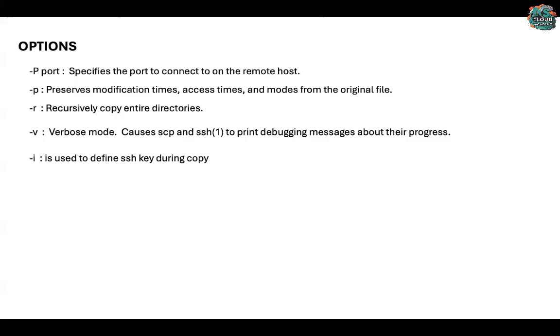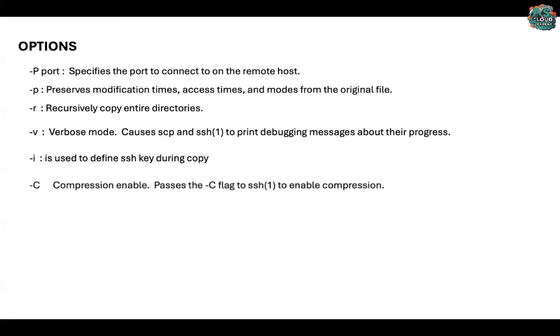If you don't have a password on the server, in that case you have to use a key to log in on the server. So in that case, you will use -i to define the SSH key for authentication.